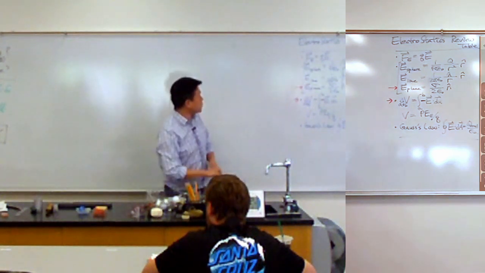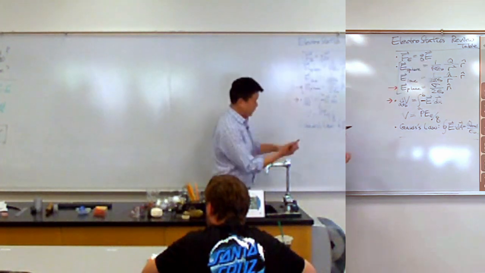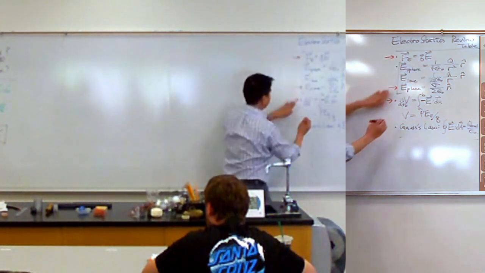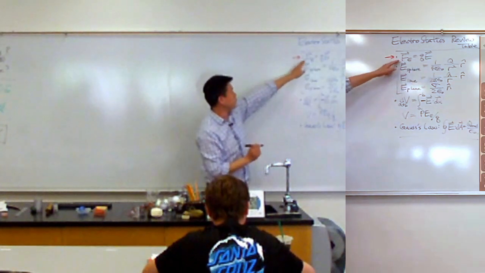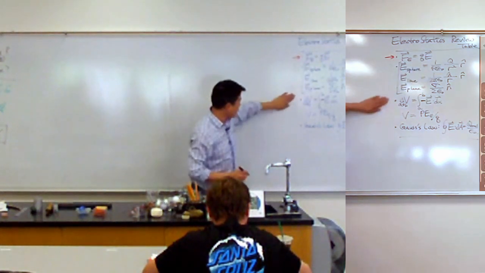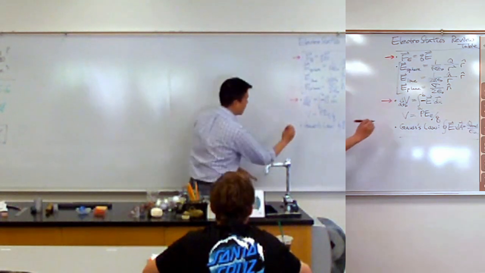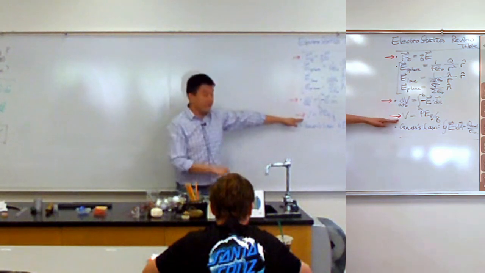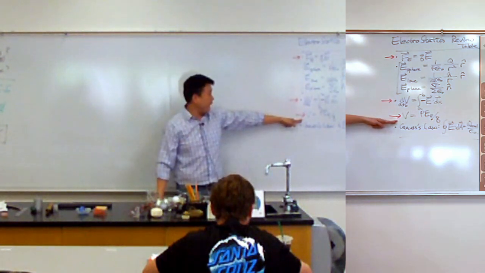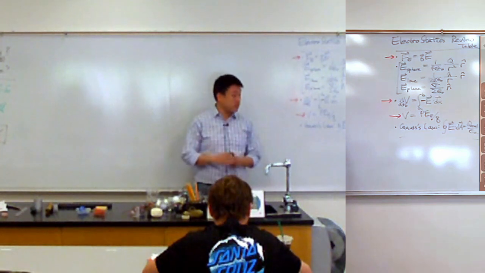So what you have to do is, there are two equations that involve electric field. It's this equation here, the one that relates electric field to force, and the other equation is this one here. But let me also highlight this one, because these three equations, more than anything else, will give you a guide into the web of relationships between electrostatic units.